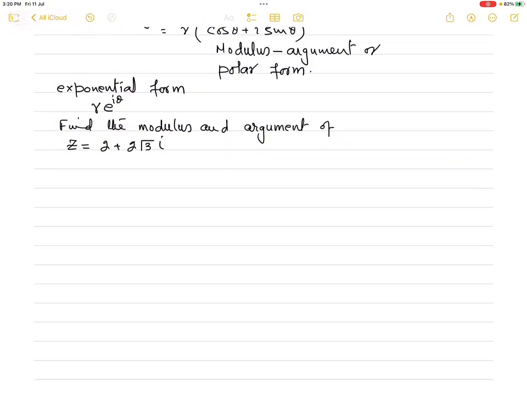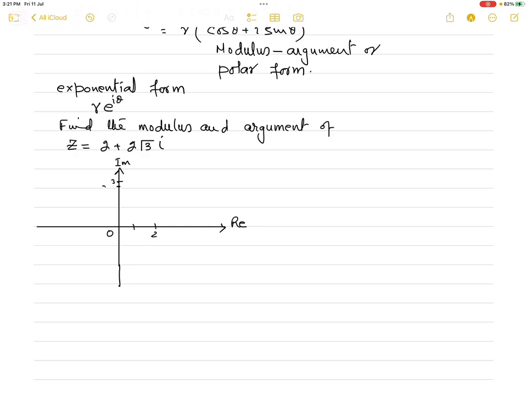Always first make the diagram so that you know in which quadrant this complex number lies. This is the real axis and this is the imaginary axis. So 0, 1, 2 and a little before 3 would be 2 root 3.